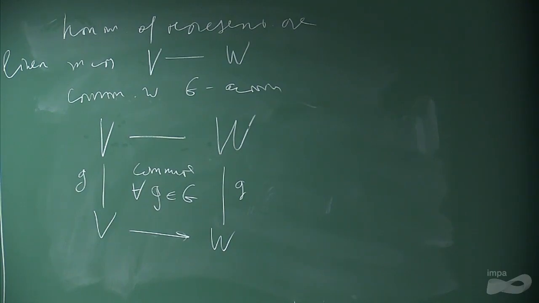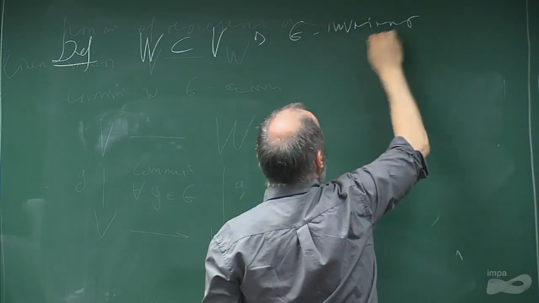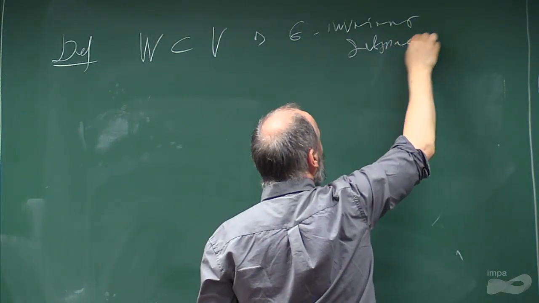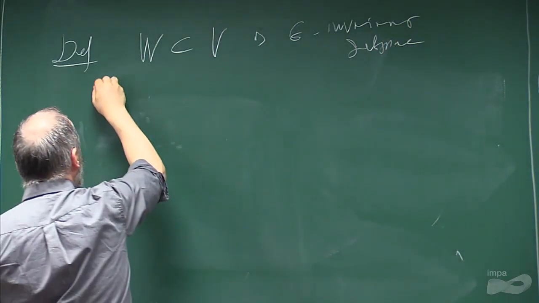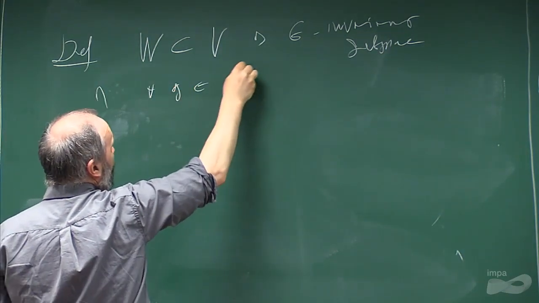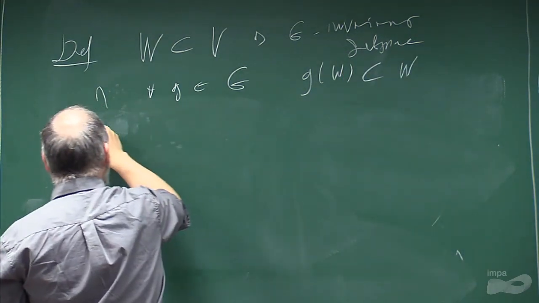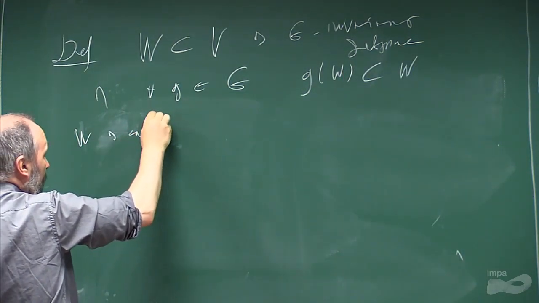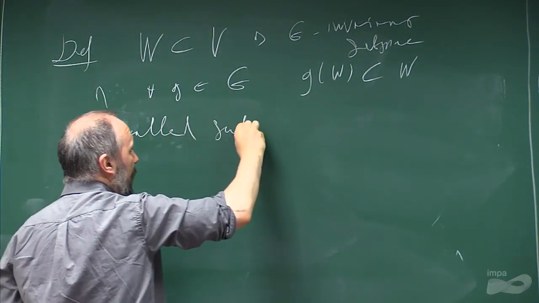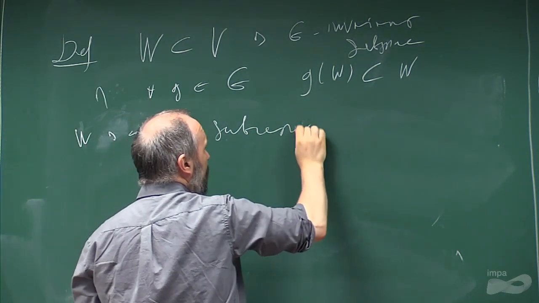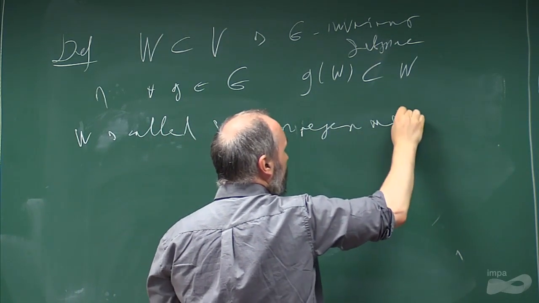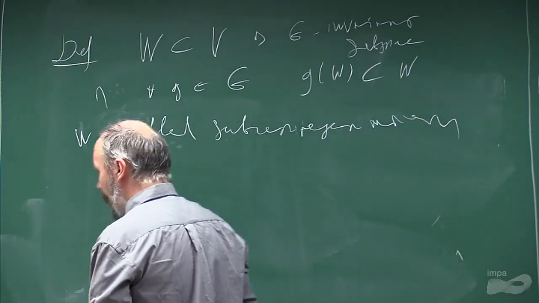So definition: W inside V is a G-invariant subspace if for each g inside your group G, g of W sits inside W, and in that case, W is called a subrepresentation.